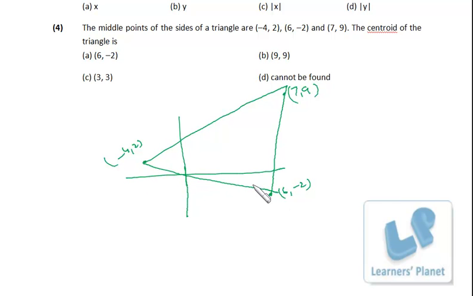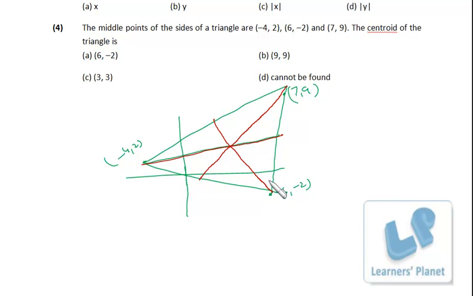Now what is the centroid? The centroid is the concurrence point of the medians. I draw one median, I change the color, I draw a second median, and I draw the third median.